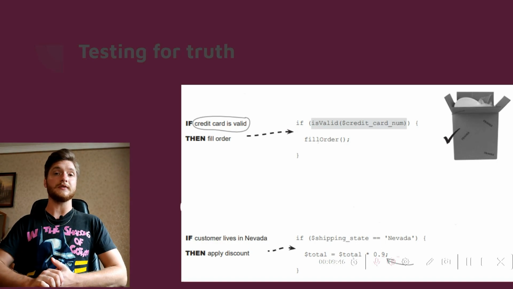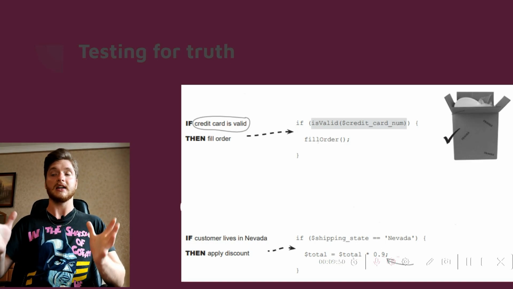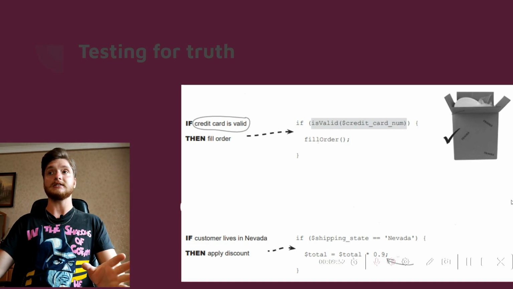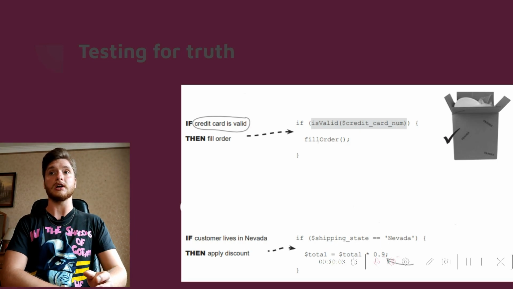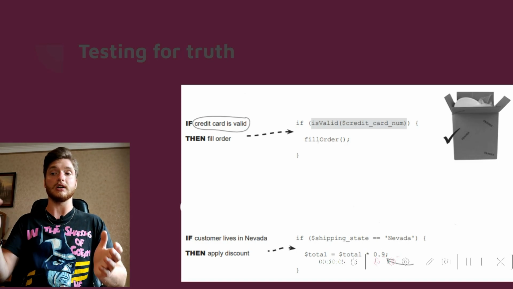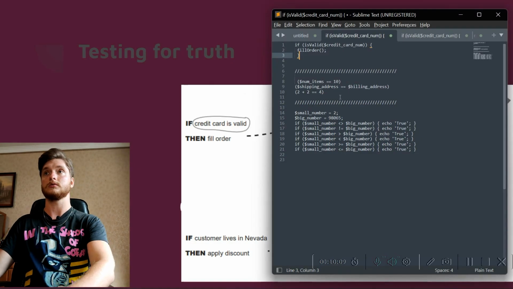This is true if the $shipping_state variable contains the text Nevada. A 10% discount is applied in the action if the test condition is true. This test condition performs a comparison for equality, which involves two equals signs, like this.